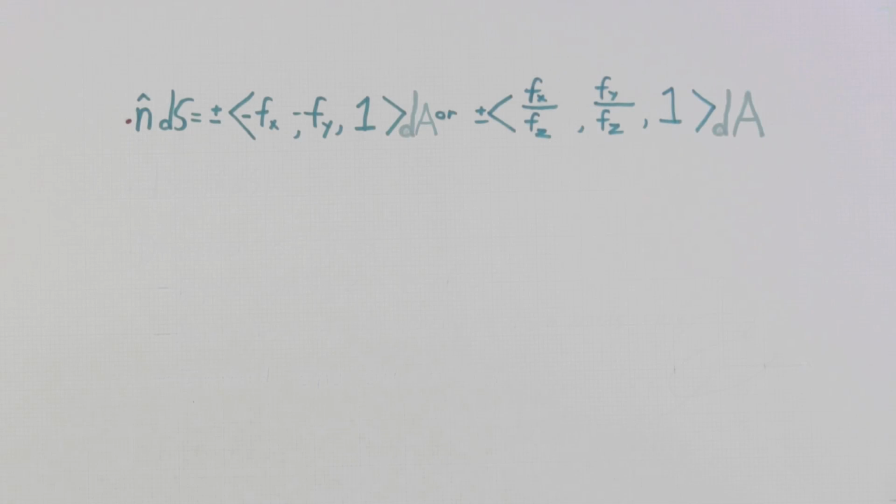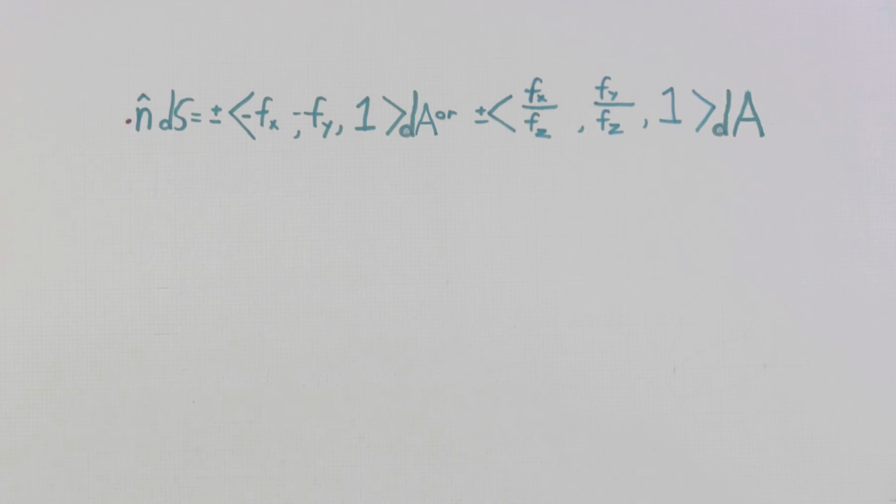By using the angle of the surface, we found that the unit normal times ds is equal to plus or minus the vector (minus f sub x, minus f sub y, 1). This was for the case in which we had z of our surface explicitly given as a function of x and y.